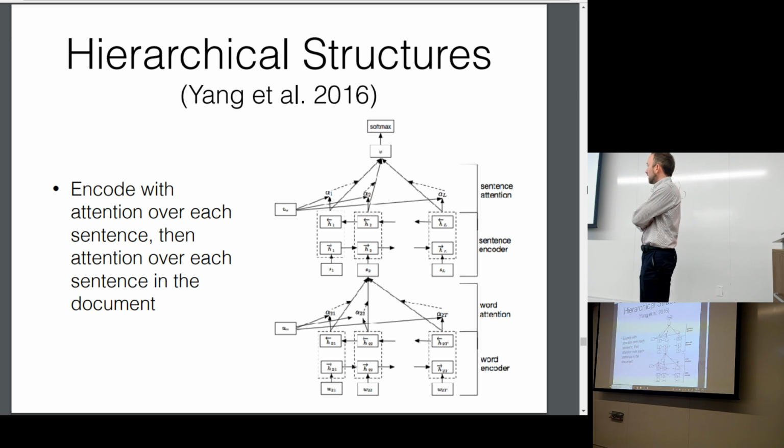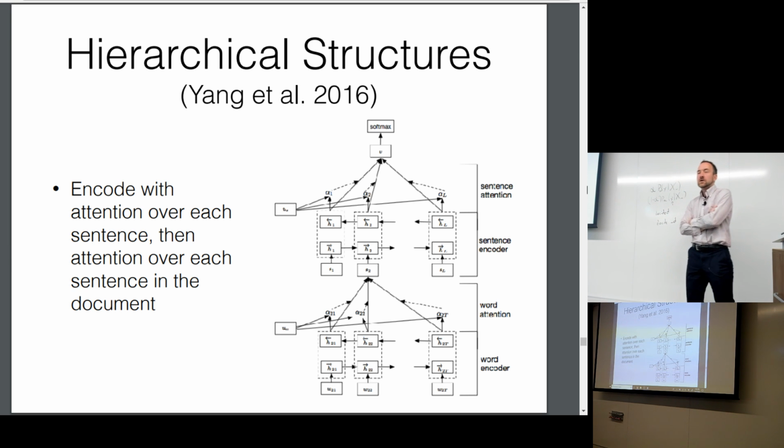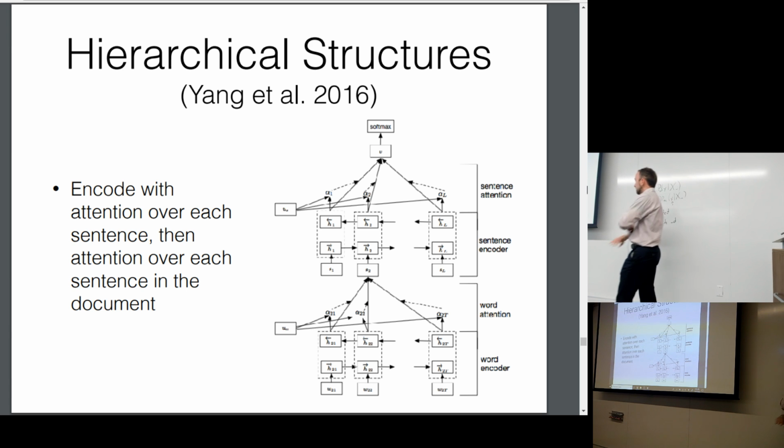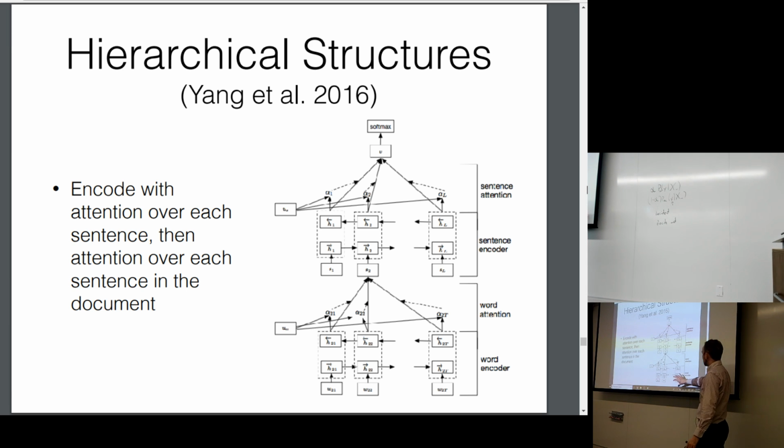So hierarchical structures, you can come up with any amount of hierarchical structures because language is very hierarchical. One example of this would be when you want to classify a document. A document is made of multiple sentences, so you can encode each of the sentences independently using a regular attentional model.